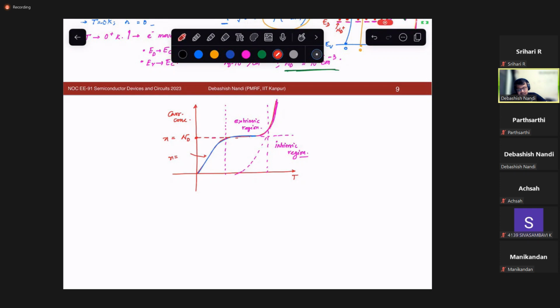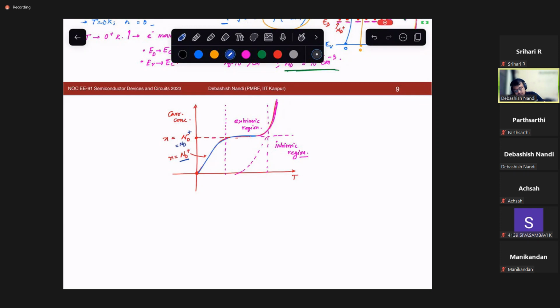What will this be? 0? No, it will be ND plus, right? 0 is only at this point. Understood, right? Yes, sir. Because here only some portion of the dopant atoms are getting ionized. This is also ND plus, but here all are ionized.